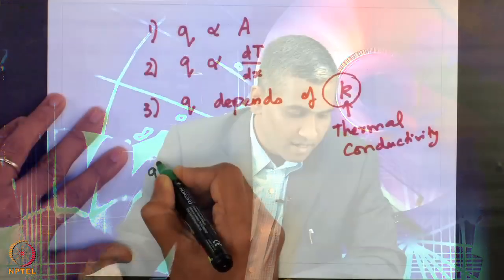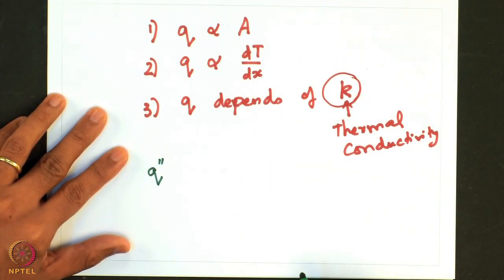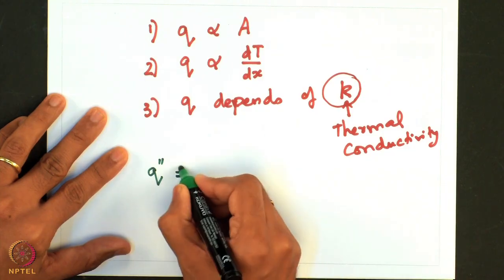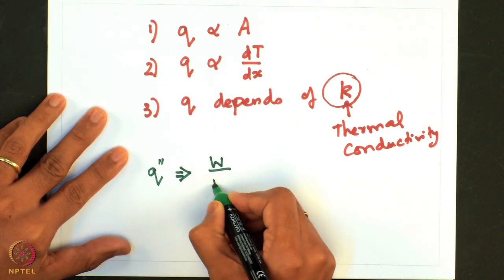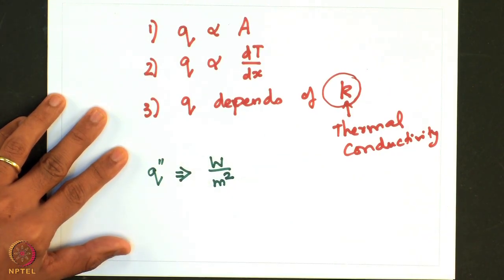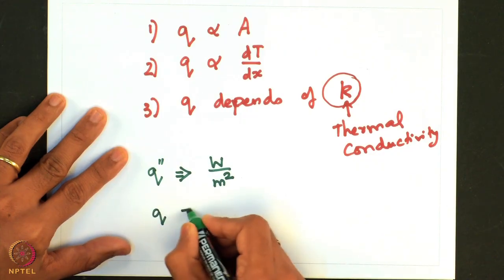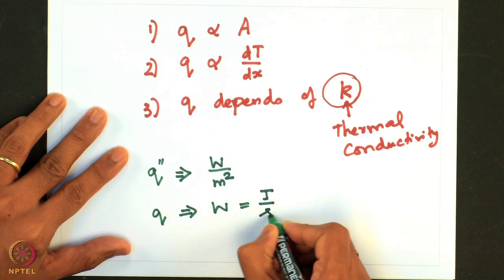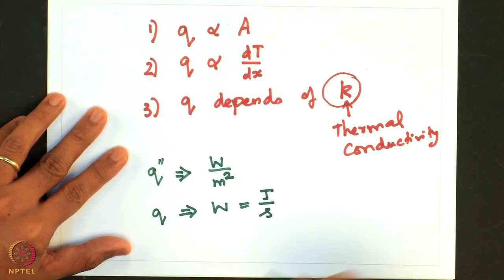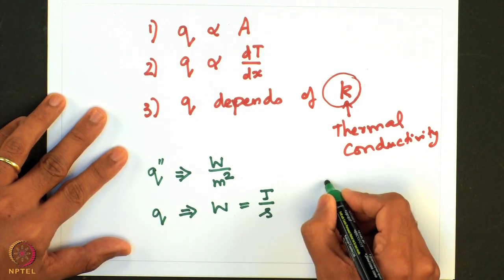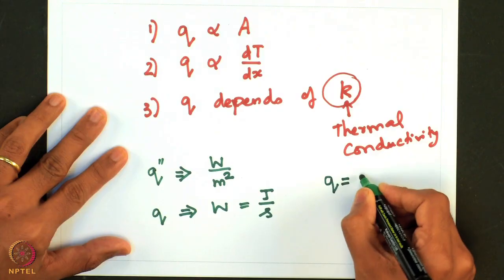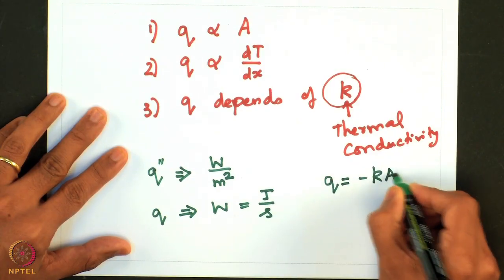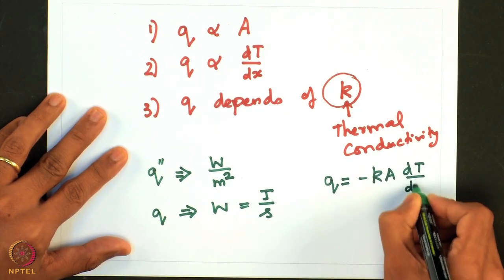Let us look at the units of these different quantities. The flux, q double prime, has units of watt per meter square, and the units of heat transport rate are watt, which is nothing but joules per second. Now we know that the heat transfer rate is given by minus k A dT by dx.